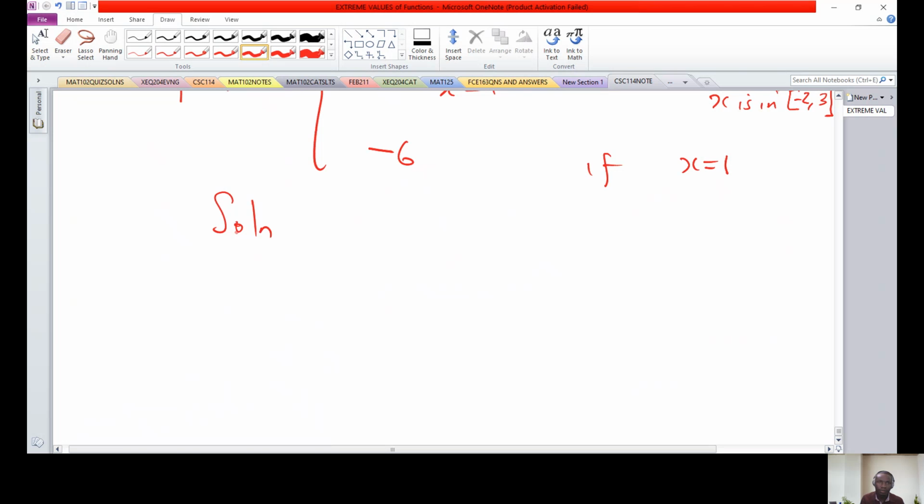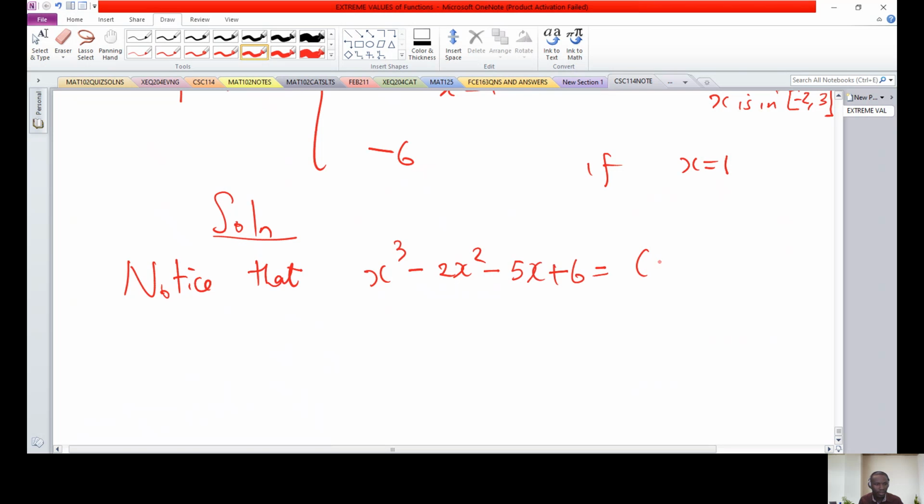Solution, notice that x cubed minus 2x squared minus 5x plus 6 is the same as x minus 1 times x squared minus x minus 6.